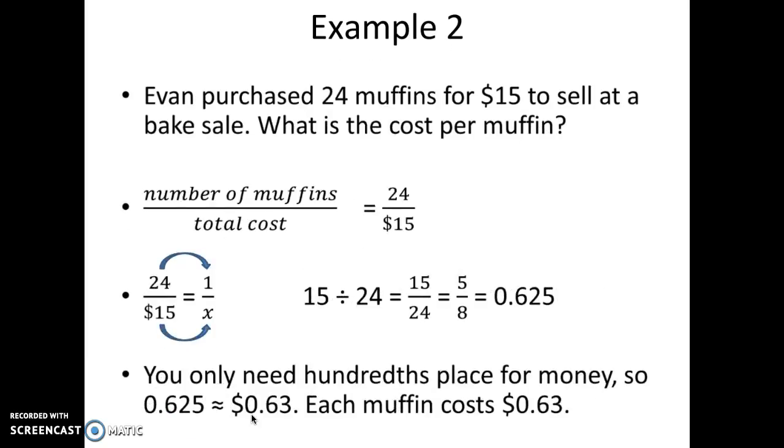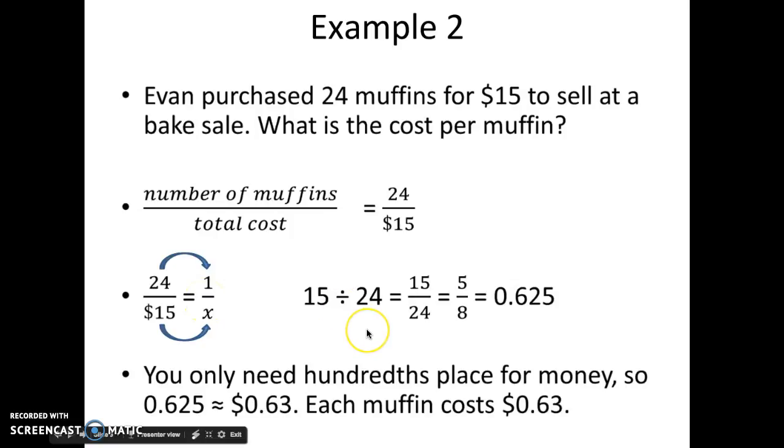Another example is Evan purchased 24 muffins for $15 to sell at a bake sale. What is the cost per muffin? So I want to find the cost per muffin, so the cost for one muffin. So I can think about this as the ratio of muffins to the total cost. So 24 over 15. Now I want to find the cost for one muffin, right?